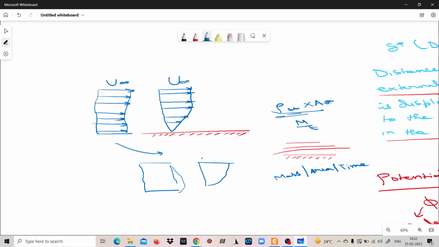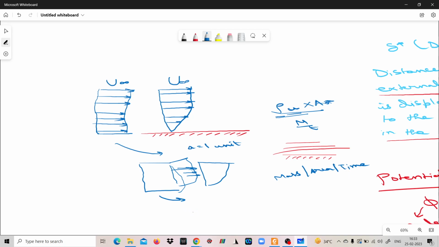Okay, so let us say the dimension perpendicular to the plane of this screen, the width a, is equal to 1 unit. Say we are measuring the flow from this side. Then for this case, what will be the mass flux?